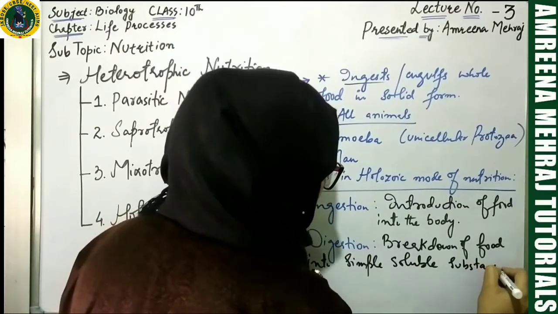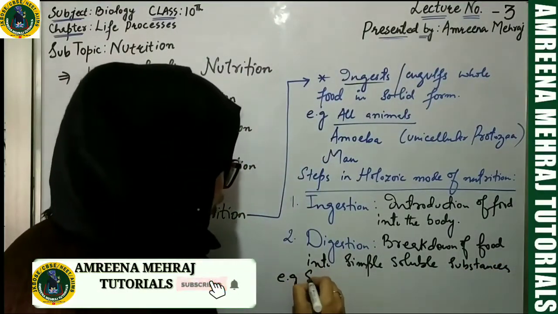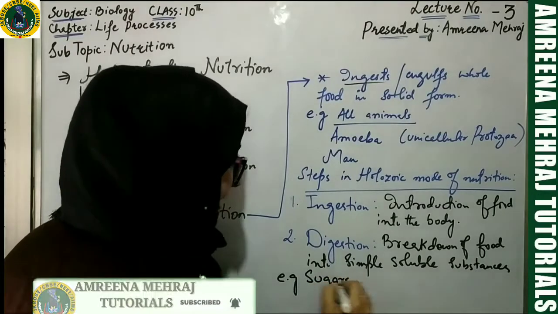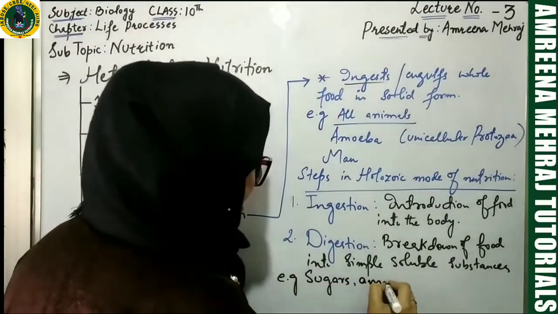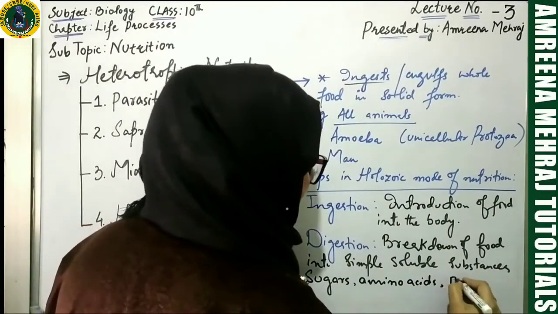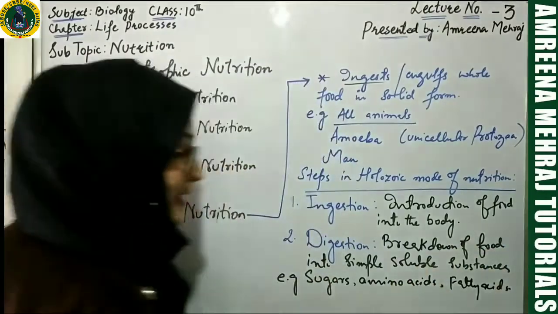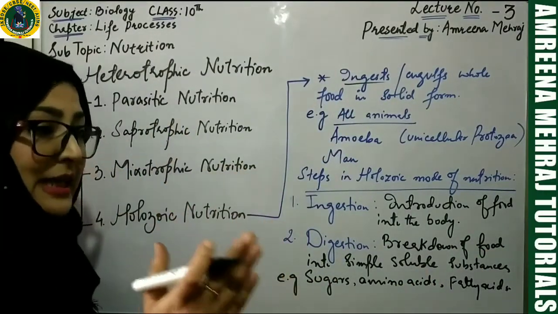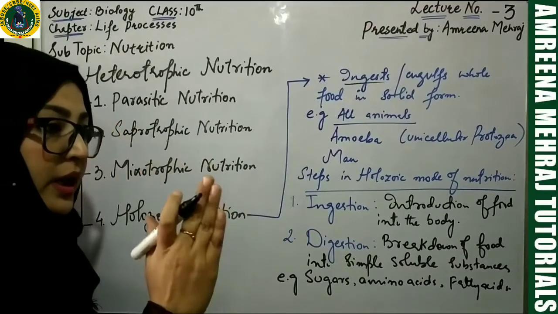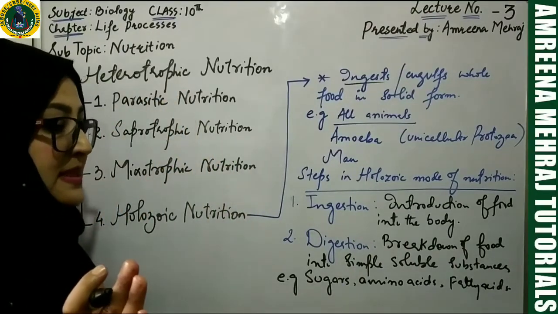If you can give me examples of these simple soluble substances, we have the sugars, say for example glucose. We have amino acids, we have fatty acids, etc. So the body has to basically break the food. That means the carbohydrates, proteins and fats which are present in the food, it has to break into simple substances.